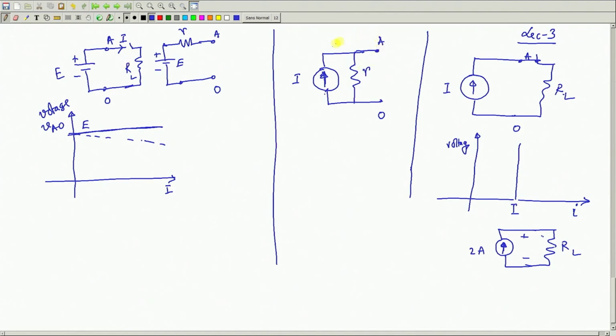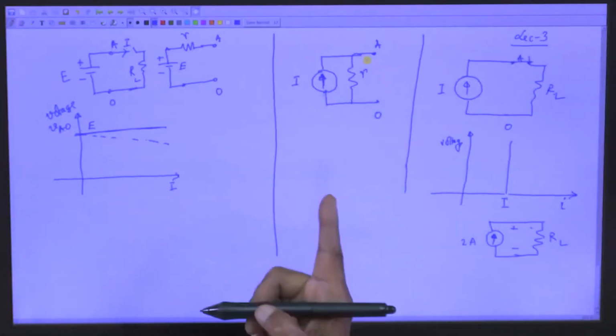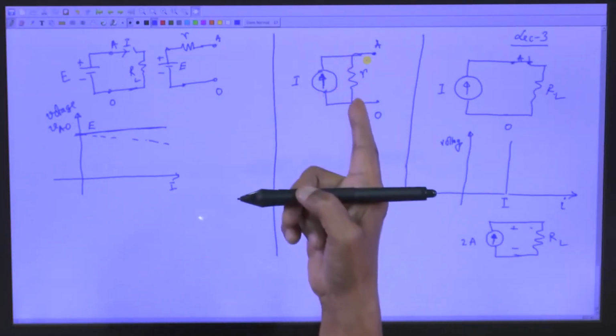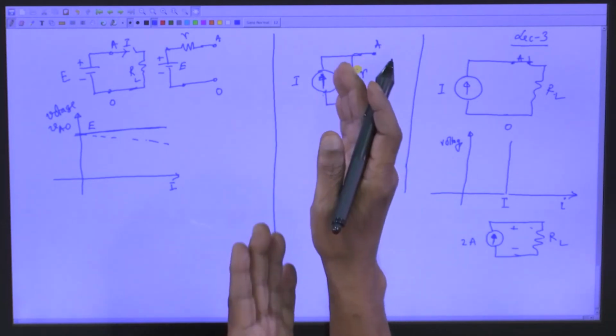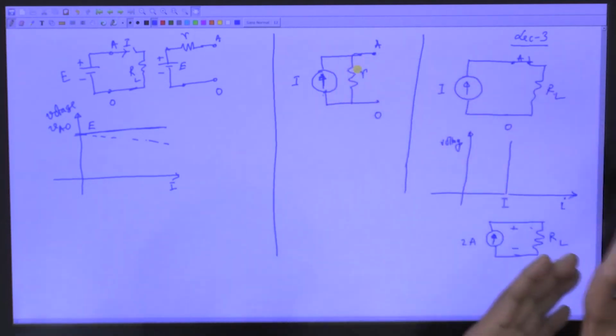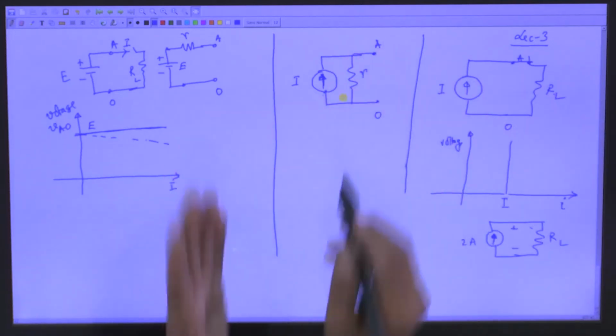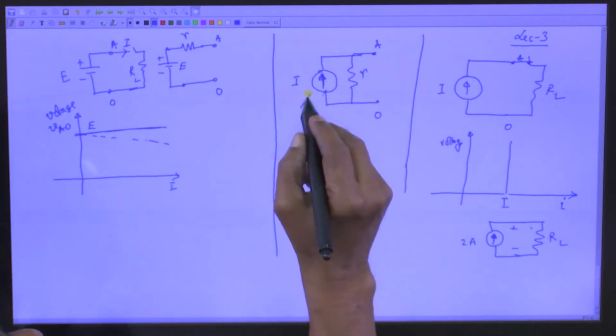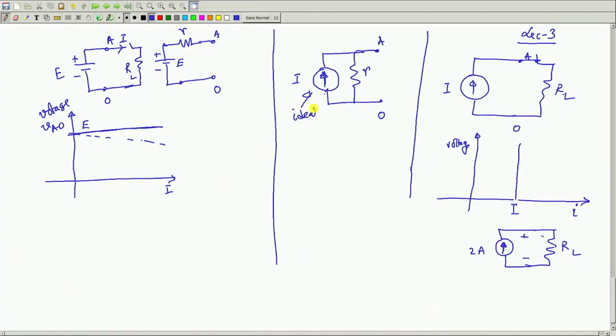Therefore, a practical current source can be thought of as an ideal current source in parallel with a resistance. Then this resistance can be thought of as a part of the whole network that you will connect across AO. See, in a practical current source, this portion is the ideal current source, and then this R and other impedance connected across this R can be thought of as part of this.